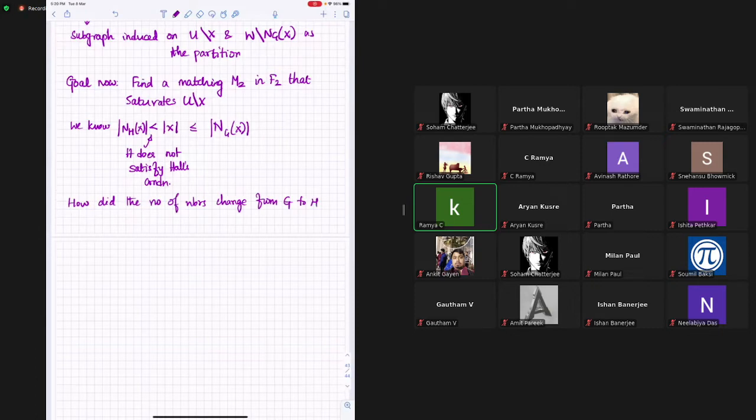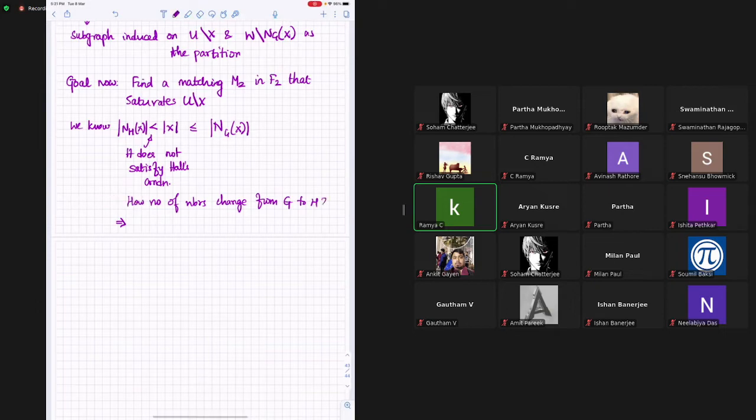You just removed one vertex, right? You just removed U from G and also W on the other side, and you obtained H. So how could an inequality go from strictly less than to suddenly greater than or equal to? The only possibility is it should have been equal in the first place. Otherwise, you cannot jump to a size difference of more than 2. This is just from the way we built it.